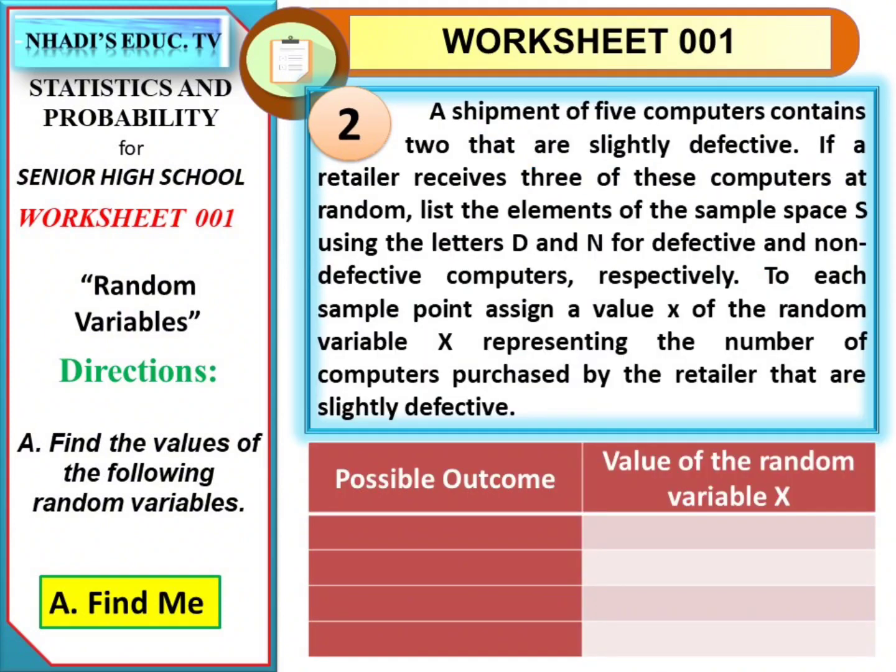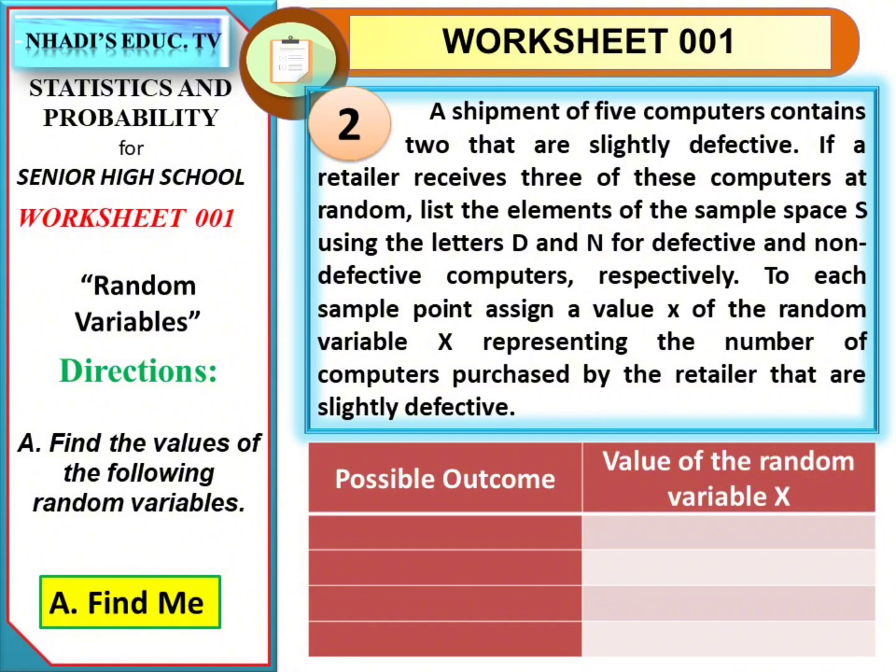We are still in Find Me. Number 2. A shipment of 5 computers contains 2 that are slightly defective. If a retailer receives 3 of these computers at random, list the elements of the sample space S using the letters D and N for defective and non-defective computers respectively.